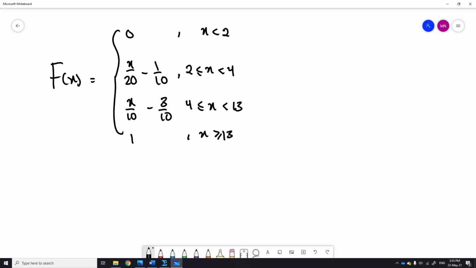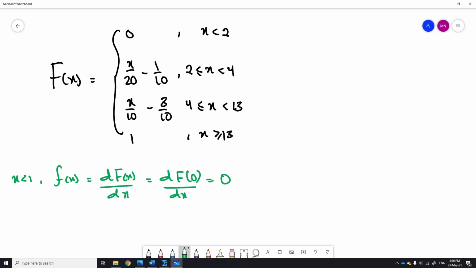Okay, so now we apply differentiation for each region. For x less than 2, f(x) is equal to d/dx of 0, so it is just equal to 0. The next region is 2 less than or equal to x less than 4.